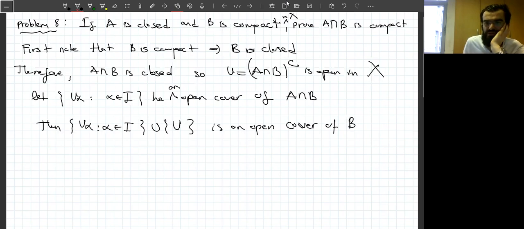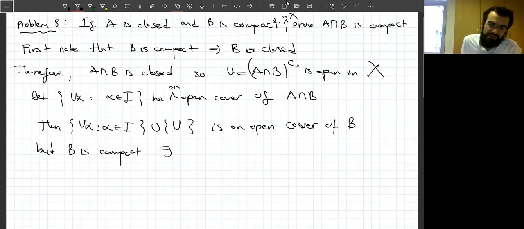Of B. But B is compact. There exists a finite subcover of the given cover, let's say the star subcover.